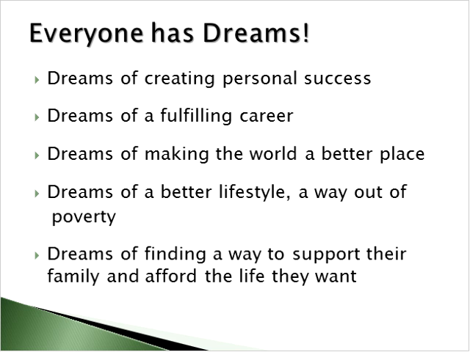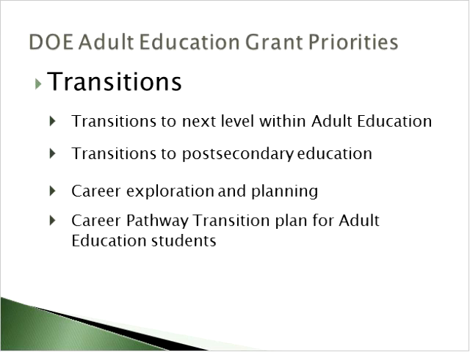I'm going to start out by giving you just a little bit of background on the grants themselves. Initially, the Department of Ed offered 10, and then it ended up being 11 grants to start looking at building career pathway transition opportunities for students in Florida. And what they were looking for, the priorities, were transitioning within the next level of adult ed, for instance, ABE to GED.